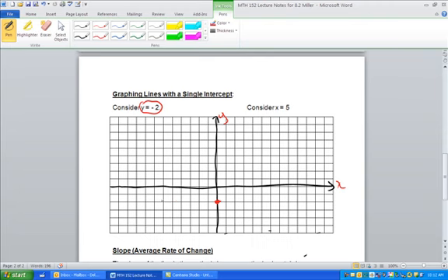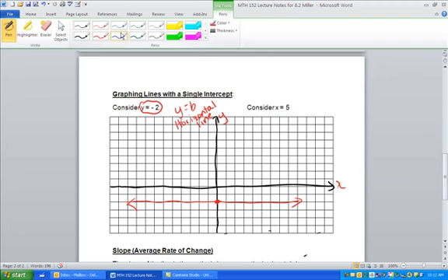And what we're saying is all the y's on all of those points are negative 2. So that gives us a horizontal line. Any line of the form y equals b is going to be horizontal, and it's going to cut through b on the y-axis.